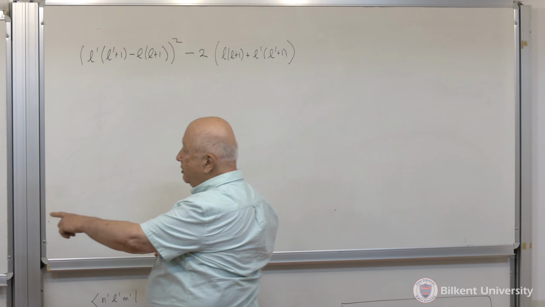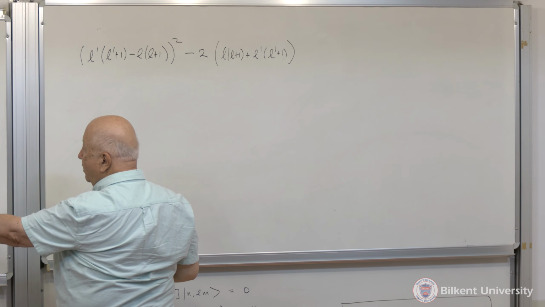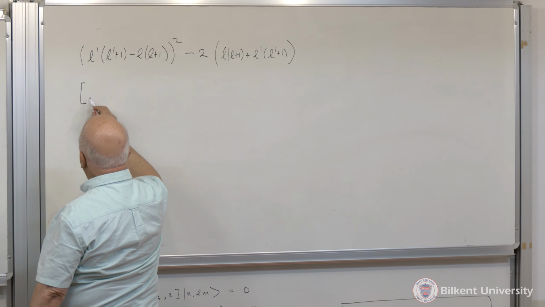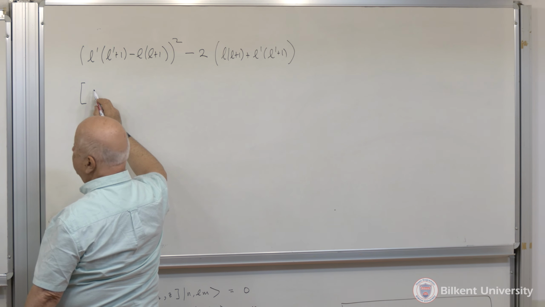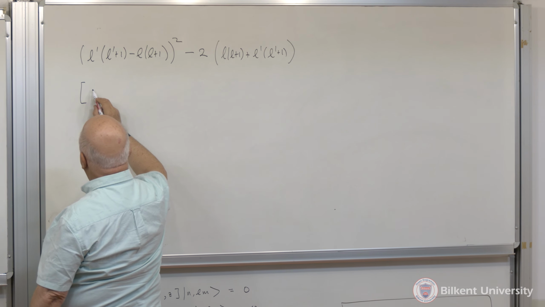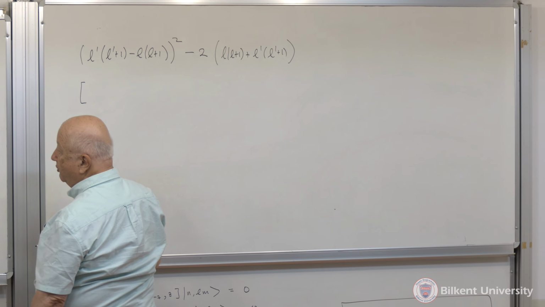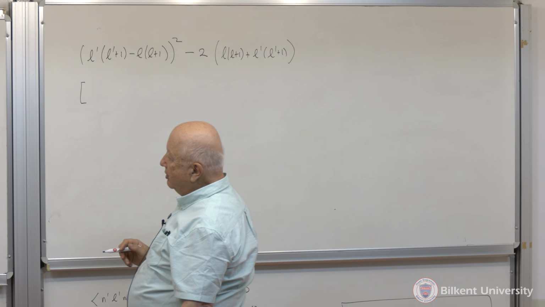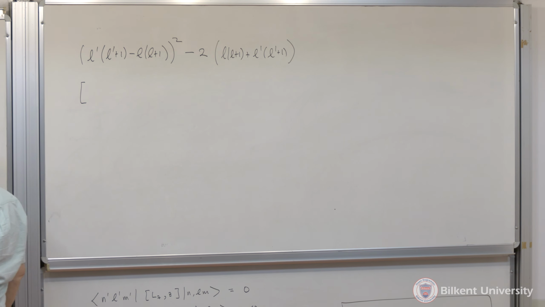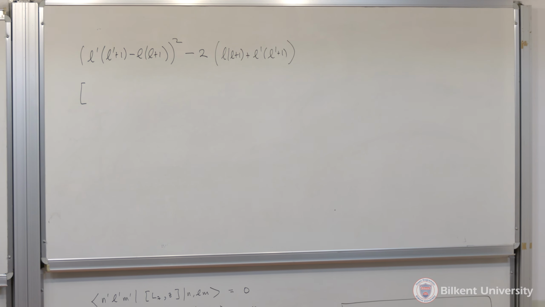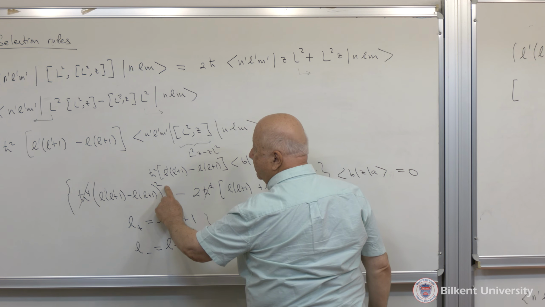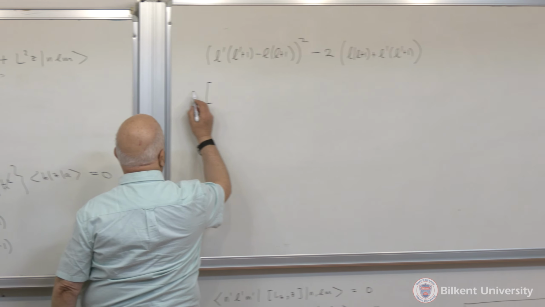So in place of l prime, I'm going to put in that thing. So there will be a number of factors of 1/2. Each l here is going to bring in 1/2. So that's going to be 1/4, and then when squared, it's going to be 1 over 16.